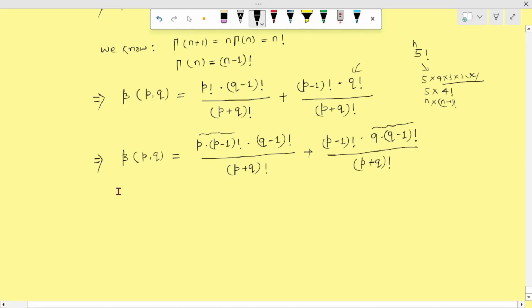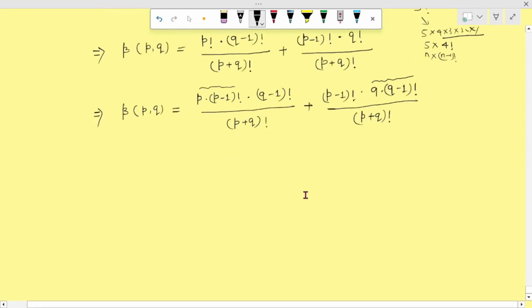So here you can see in these two terms the denominator is the same, so you just add these two terms on the right hand side.